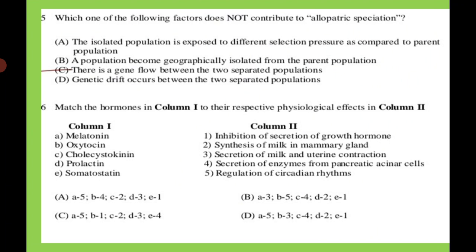Then next, match the hormones in column one to their respective physiological effects in column two. Melatonin: a hormone responsible for circadian rhythm. In animals, melatonin plays an important role in the regulation of the sleep and wake cycle.